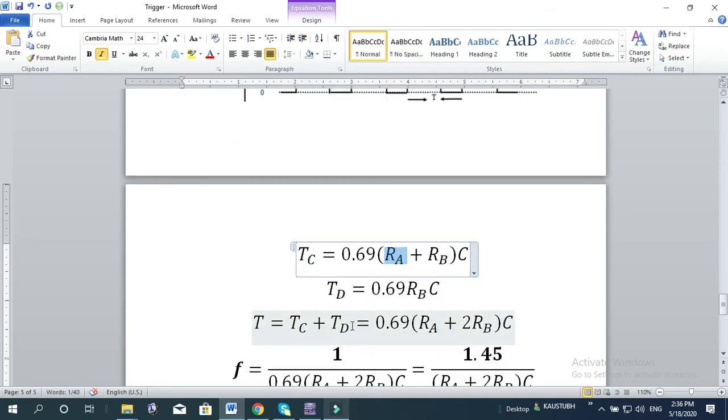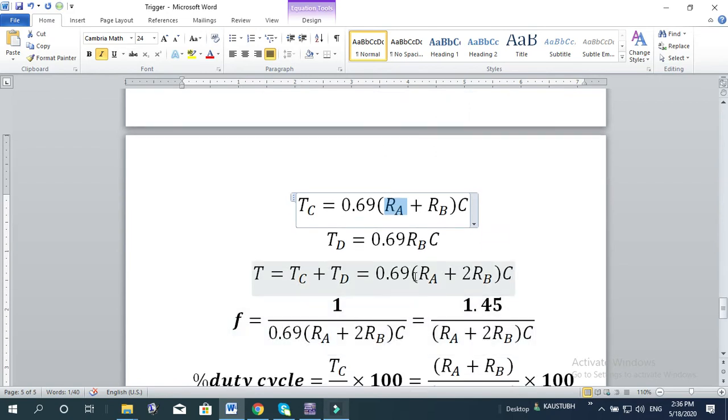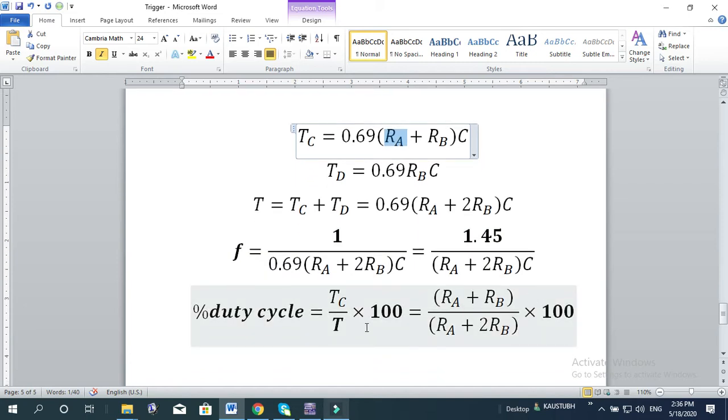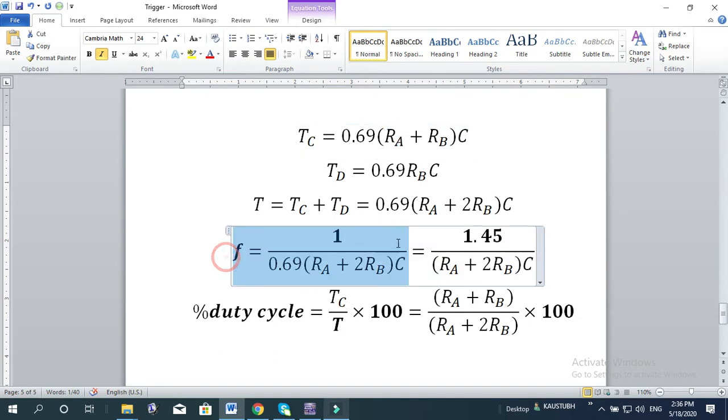So T is equal to Tc plus Td, which will come out to be 0.69 into (RA plus twice RB) into C. Okay, now the frequency is 1 by T, so 1 by 0.69 (RA plus twice RB) into C. Now 1 by 0.69 is nothing but 1.45, so f is 1.45 divided by (RA plus twice RB) into C. Okay, here as you can see, in this frequency there is no term involving the VCC.